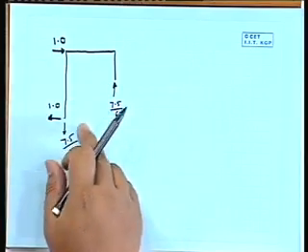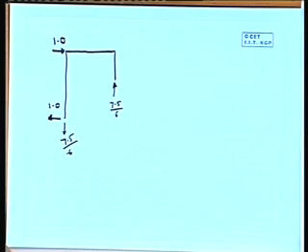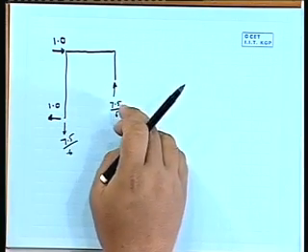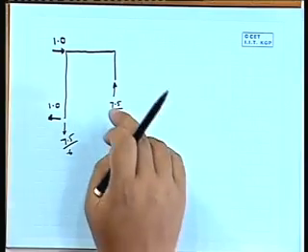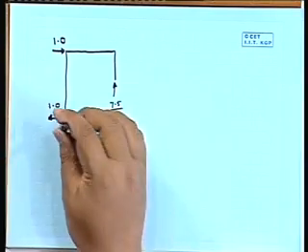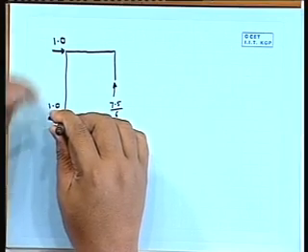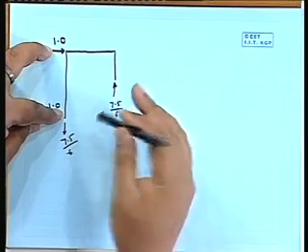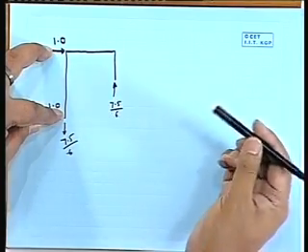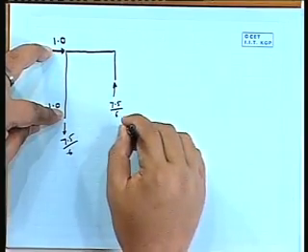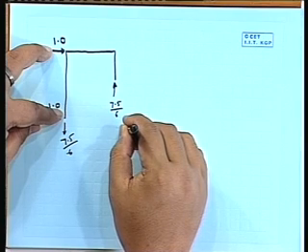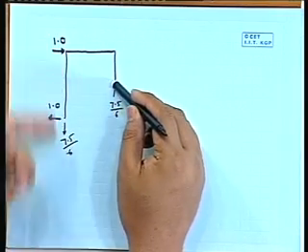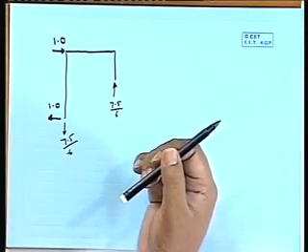So, 1 into 7.5 should be r into 6, which equals 7.5, so r will be 7.5 divided by 6, and that should be balanced by 7.5 divided by 6 at the other support.